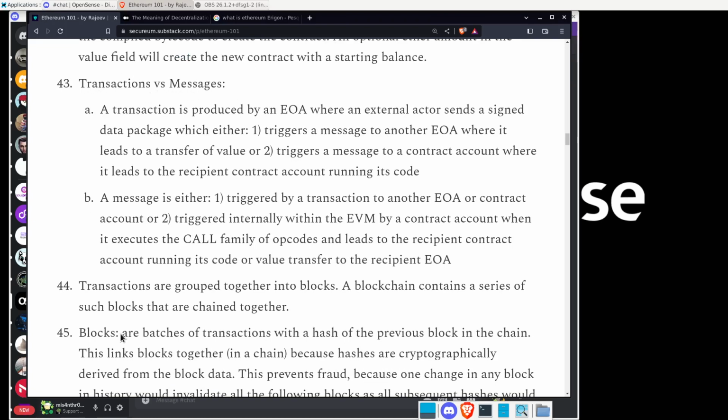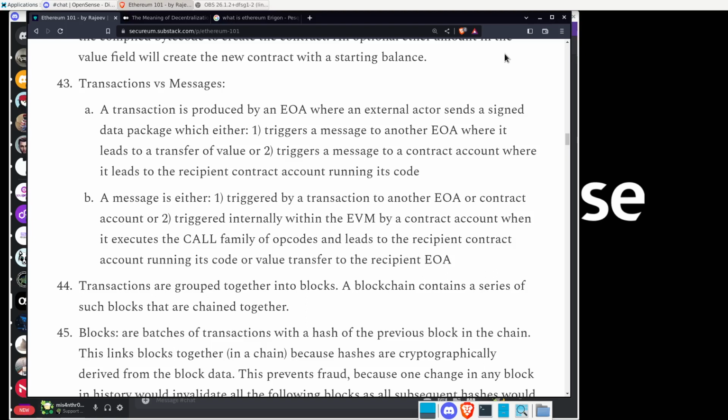Transactions versus messages. This is a very interesting one. Okay, so a transaction is produced by an EOA, meaning a wallet, where an external actor sends a signed data package which 1. Triggers a message to another EOA where it leads to a transfer of value, or 2. Triggers a message to a contract account where it leads to the recipient contract running its code.